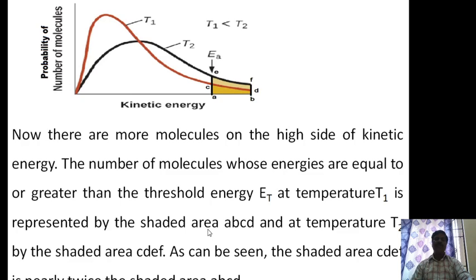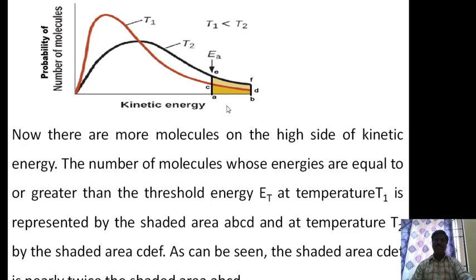At T2 temperature, this is the shaded area A, B, C, D, while this is the shaded area at temperature T1. Here fewer molecules are present for effective collisions, but when the energy is equal to or greater than the threshold energy, it gives the rate of the reaction.